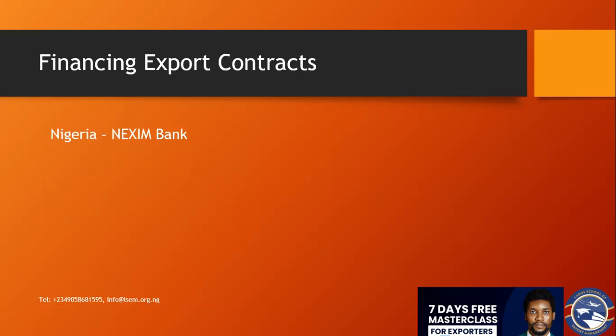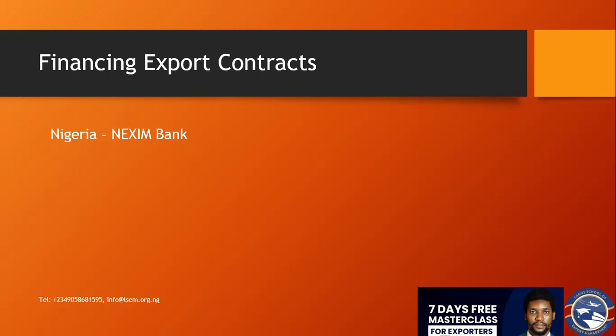So now, Nigeria. I mentioned Nexen Bank. Nexen Bank means Nigeria Export Import Bank. Export financing is really their job. That's what they were created for in Nigeria, although a lot of exporters don't really know about them, and some don't have an account with them.